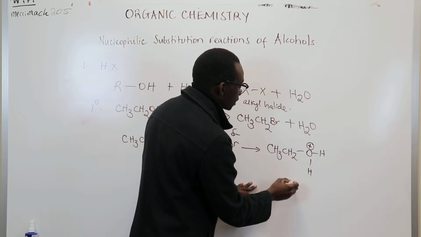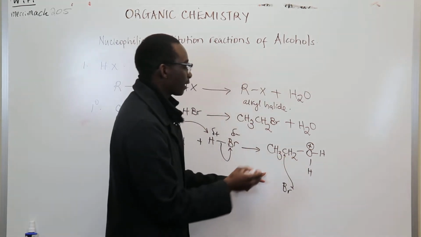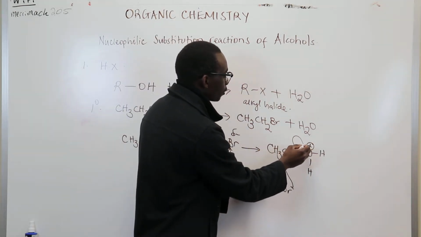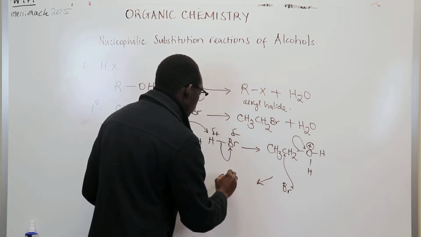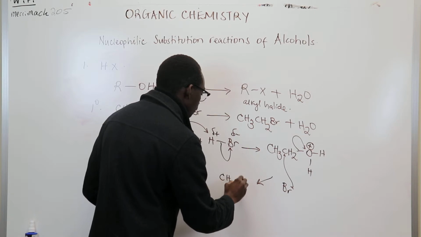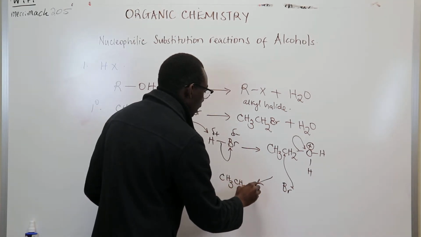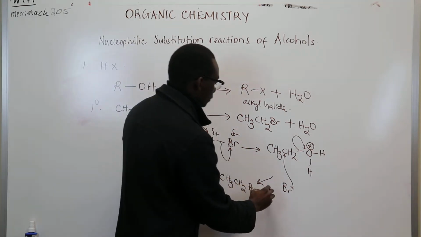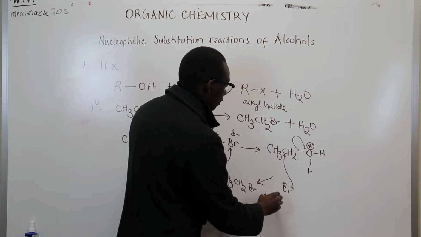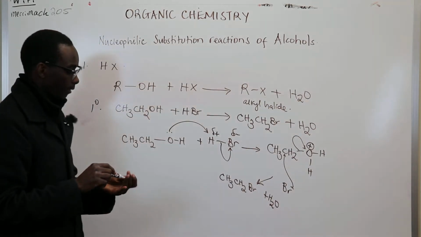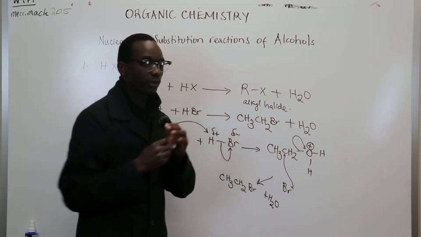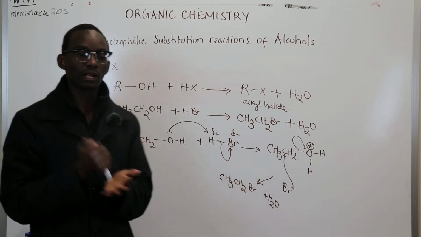The Br attacks this carbon from the back, and then this bond breaks off. Then we form CH3CH2Br as our product plus the H2O, as in the first general equation. So this is how primary alcohols react.